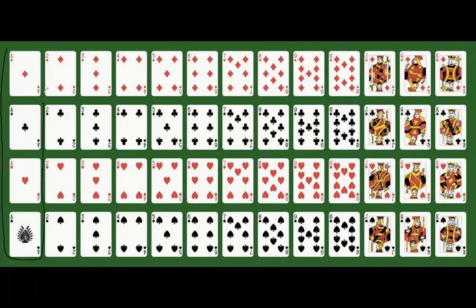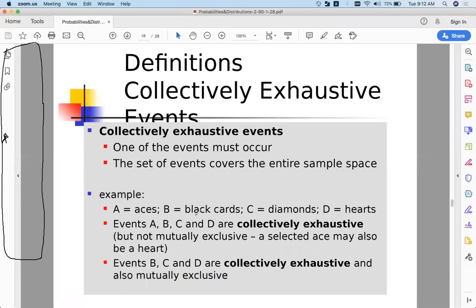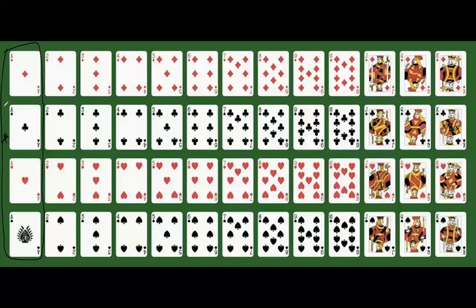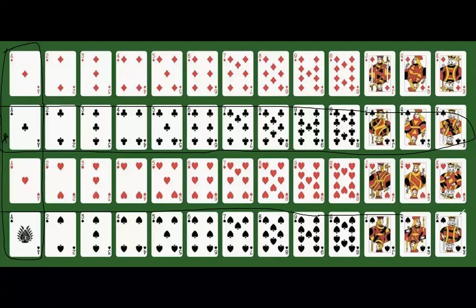This is event A. Now what is event B? Event B is all the black cards. All the black cards are this one, plus this one. That is event B. So event B denotes black cards, and event A denotes all the Aces.